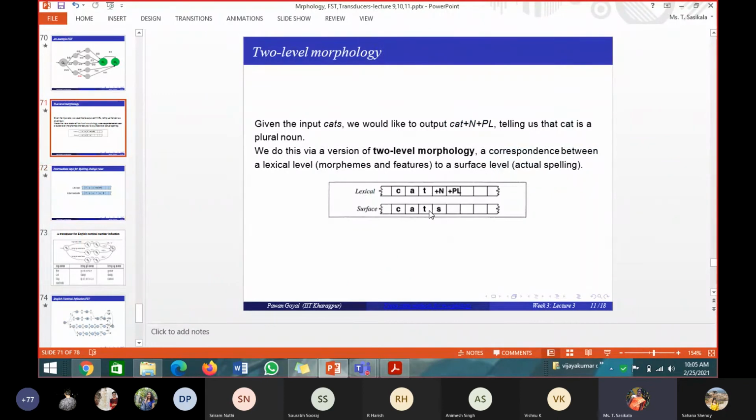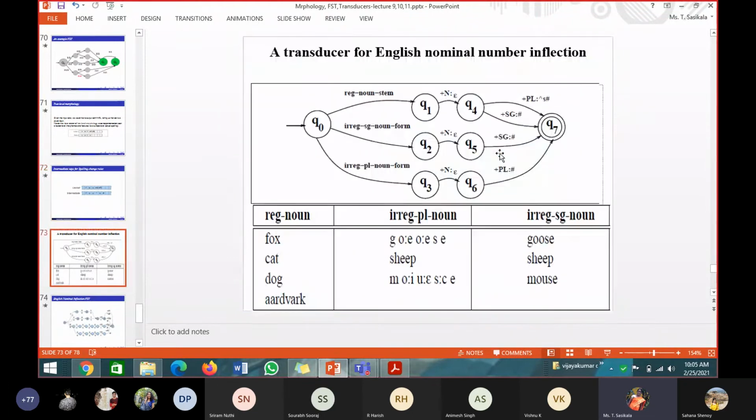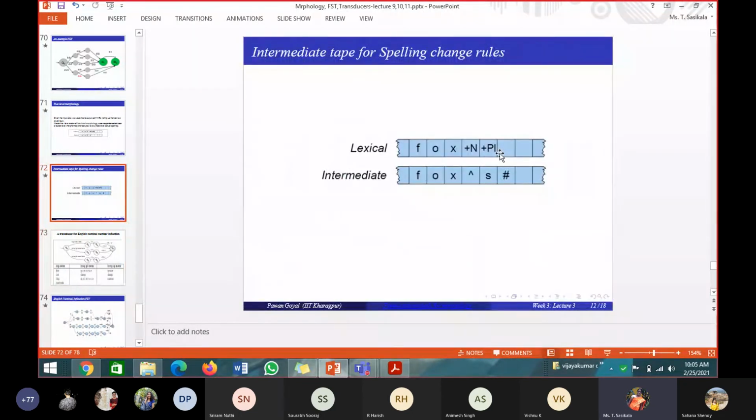For foxes, fox plus noun plus plural is my lexical output, and my surface output is foxes.